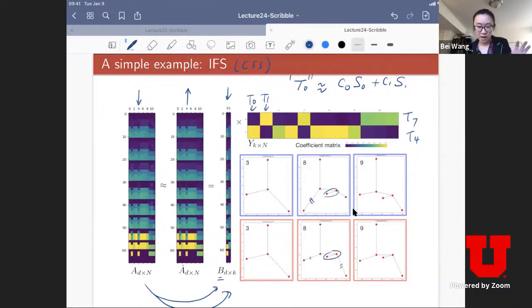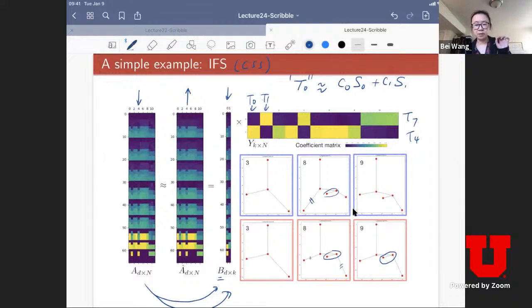And same thing with 9. 9 probably is not as bad as 8. But you see that 9, maybe this sketched version has a little bit of shift in terms of height function value. But roughly speaking, I get a reasonable representation of my original tree in the sketched tree.